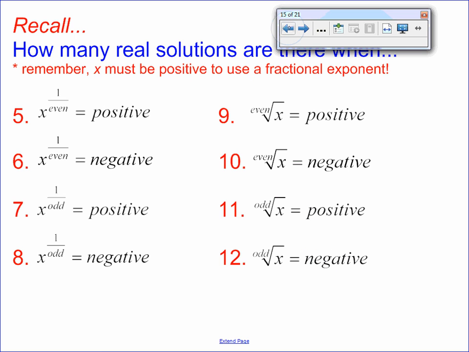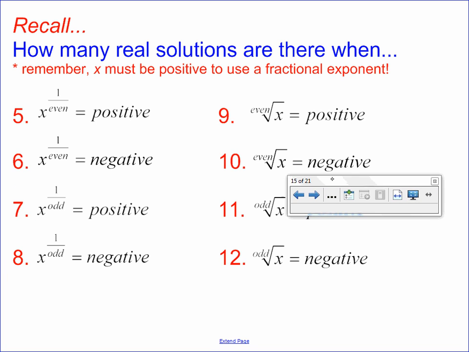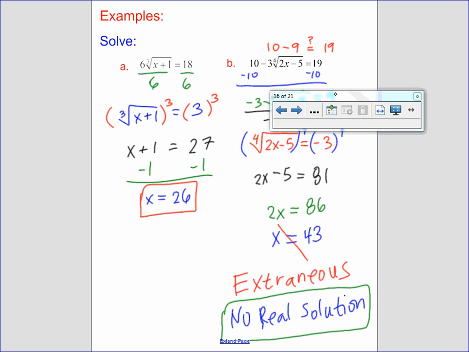How many real solutions do we expect when we have an even index radical set equal to a negative number? 0 real solutions. If in the course of solving equations we generate an even radical set equal to a negative, then we can expect no real solutions, because there's no real number that's going to make that true.